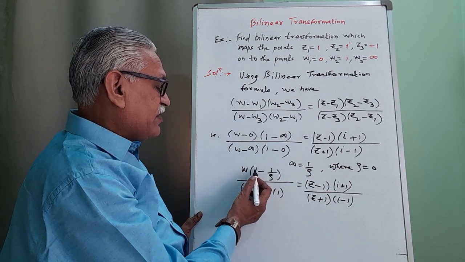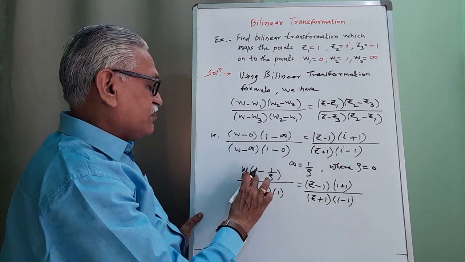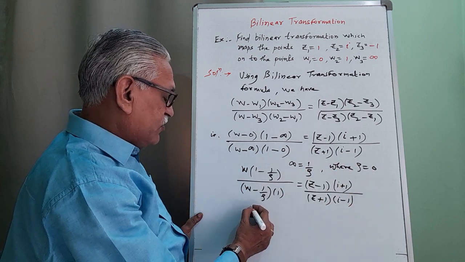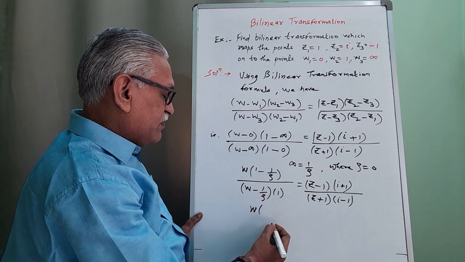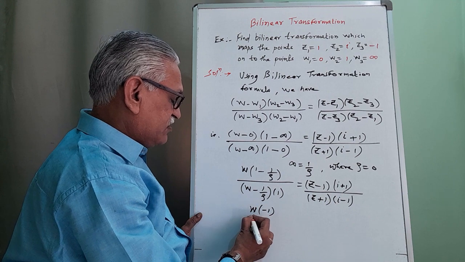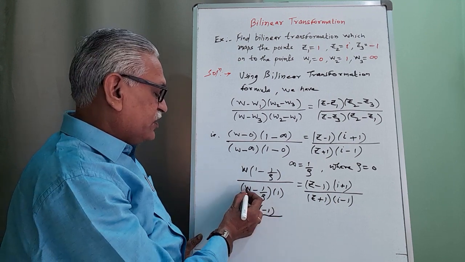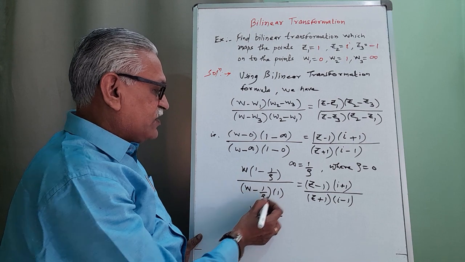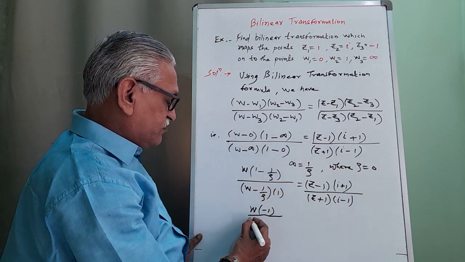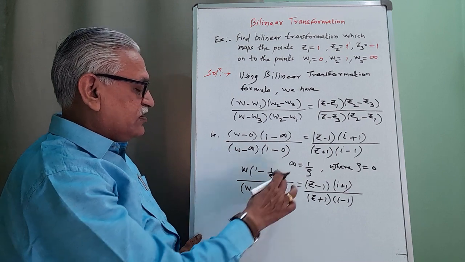Therefore, cross multiplying by 1 by rho, but rho is 0, this term becomes 0, we get only w multiplied by 0 minus 1, that is minus 1, divided by rho, rho into w, but rho is 0, this term becomes 0, minus 1 divided by rho.